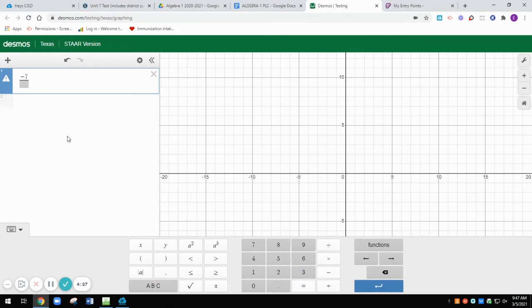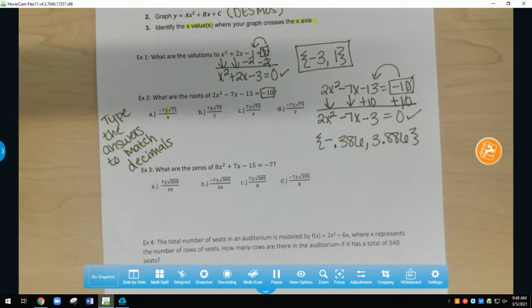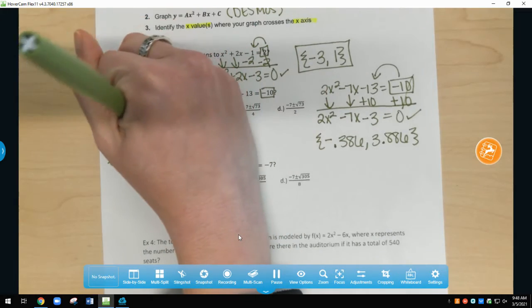So let's go ahead and start with the plus. So we're going to have negative 7 plus the square root, which is down here at the bottom by the ABC, 73. And then at the bottom of my fraction, I have a 4. Actually, that one does not match because it's not negative. So that means answer choice A is no good.